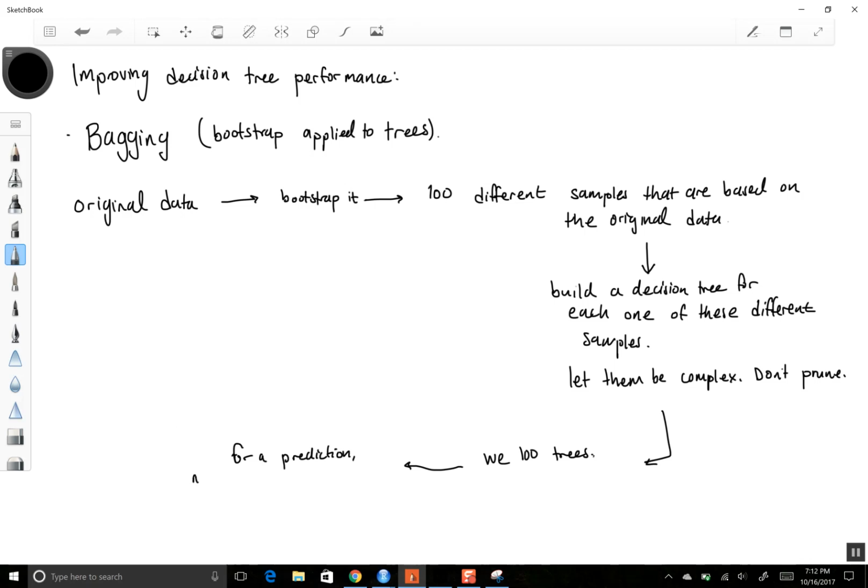Okay, run the test case through all 100 trees. Okay, and so you're going to get 100 different predictions.